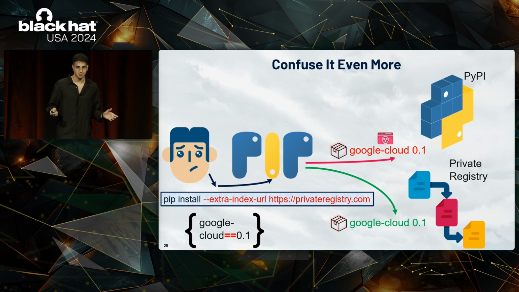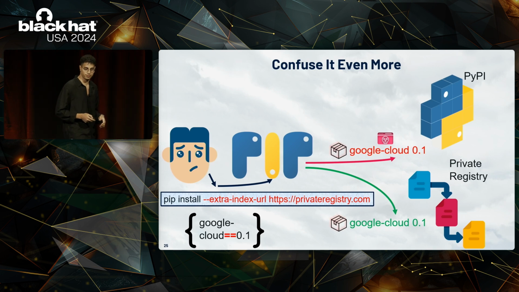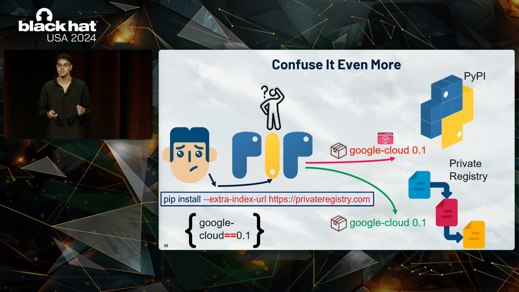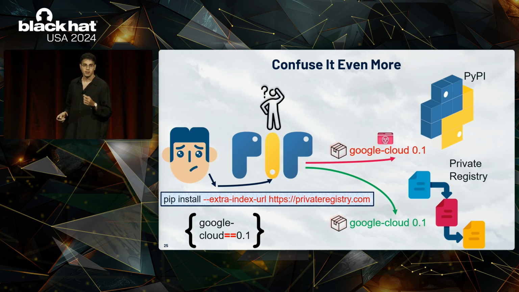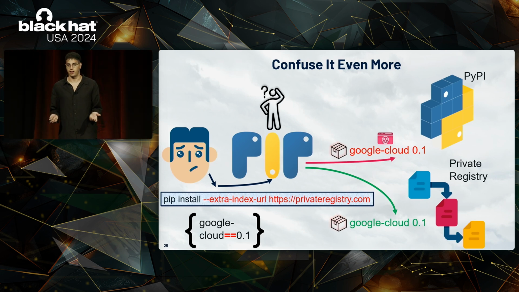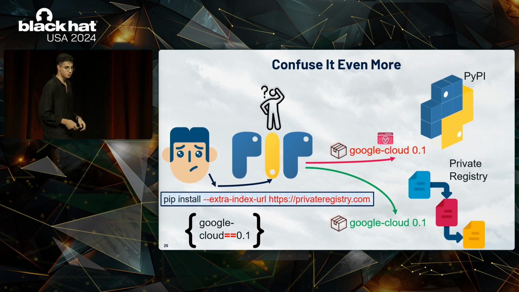GCP is confused because the pip install is using the extra index URL argument, and now it has to choose between two packages with the same name and the same version. This is much more confusing. GCP has to choose between the package of the attacker from the PyPI public repo or Google Cloud's own package, the private package.